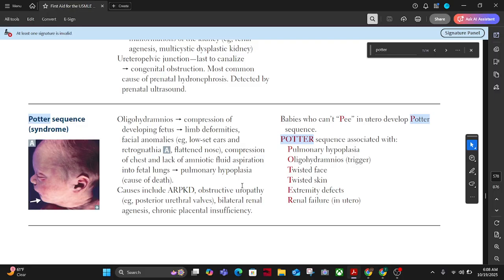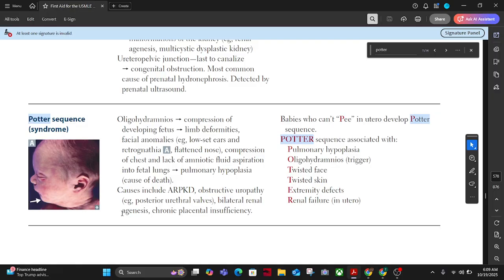So since in Potter sequence there isn't enough amniotic fluid, the baby cannot breathe in the very little amniotic fluid, and then they get low lung maturity. So that's why pulmonary hypoplasia is the cause of death in these patients. They cannot breathe.